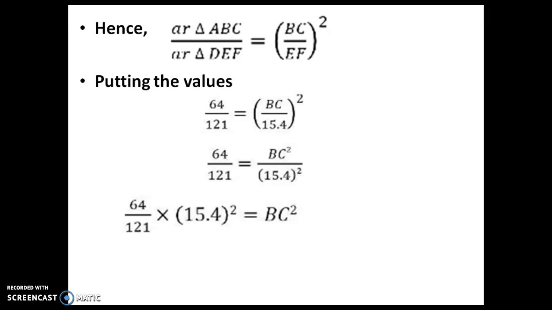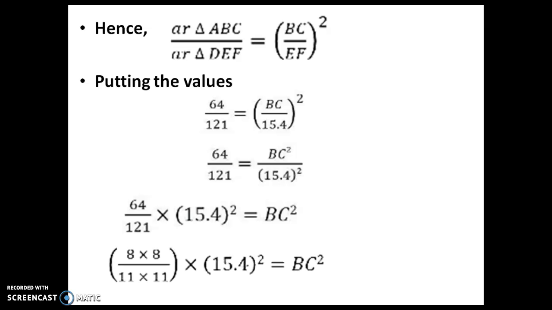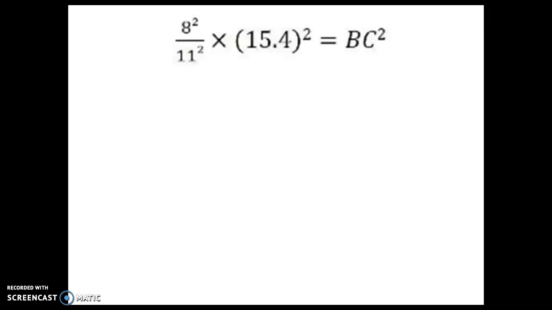Okay, so BC is taken to one side of the equal sign, so 15.4 is multiplied to the LHS. Then next step we are doing the perfect squares. 8 into 8 is 64, 11 into 11 is 121, so now we can write it as 8 squared and 11 squared. Both sides are squares, whole squared, we wrote.